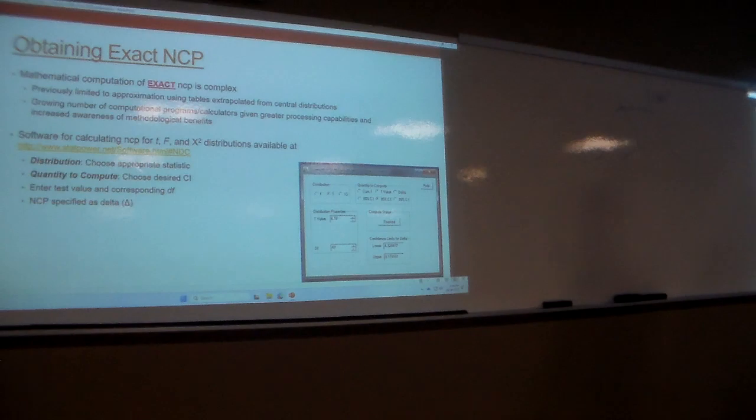Okay. So to get a calculated confidence bound around effect size, I need to get a non-centrality parameter. But getting a non-centrality parameter is kind of complicated. When I first started teaching this class, it was me iteratively entering values in R to try and find a value that would work, and it was a real pain.